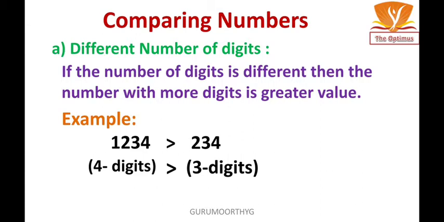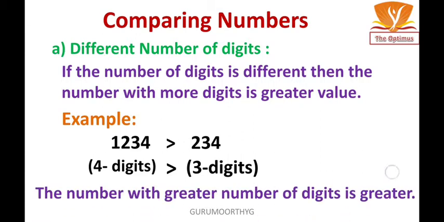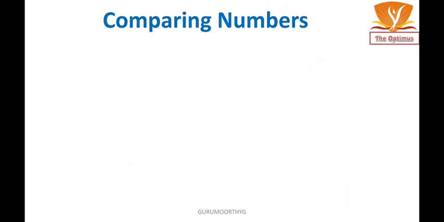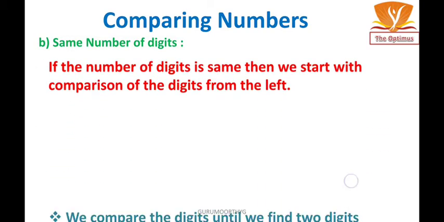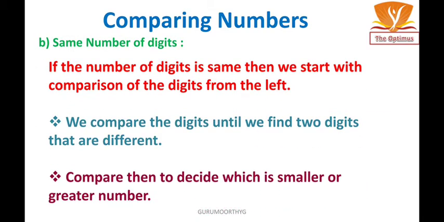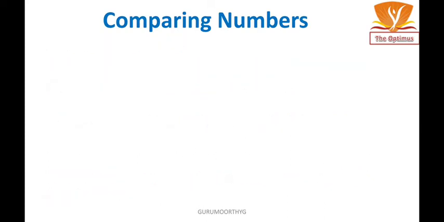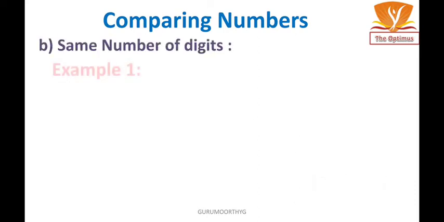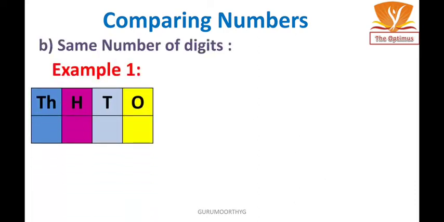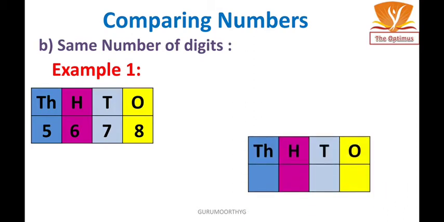Second method, same number of digits. If the number of digits is the same, then we start by comparing the digits from the left. Compare the digits until we find two digits that are different. Compare them to decide which is the smaller or greater number. Example 1. 5678 and 3765.